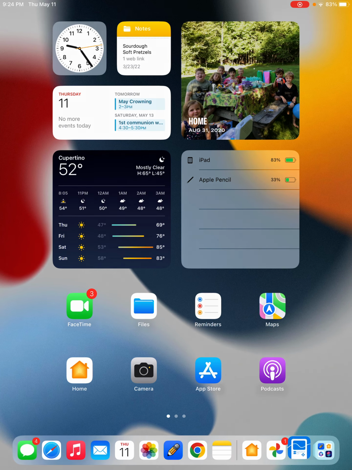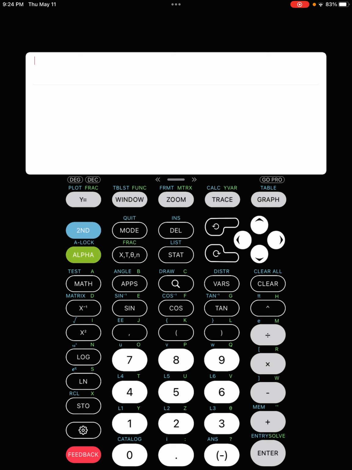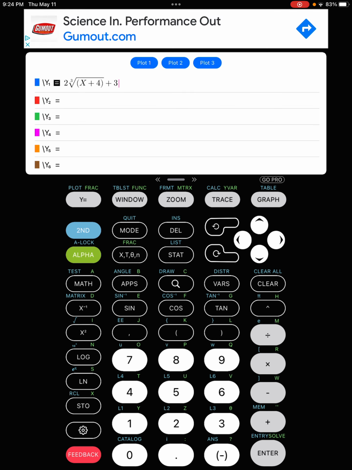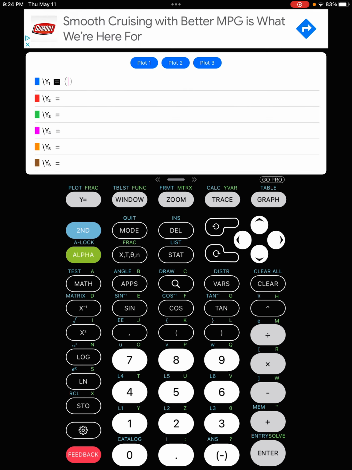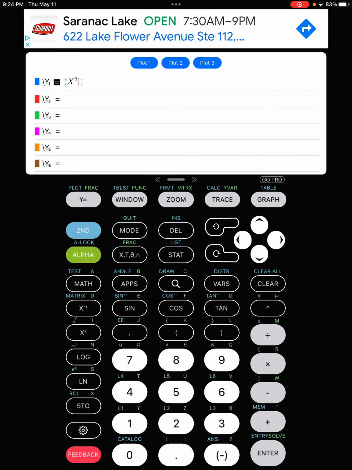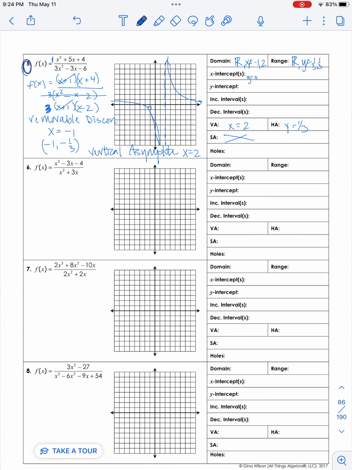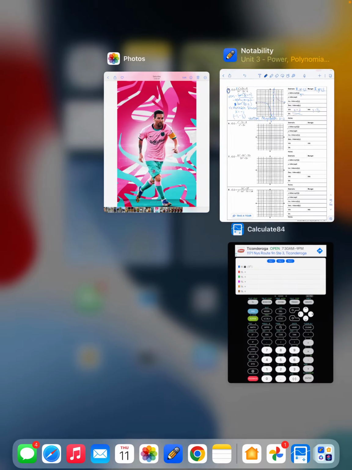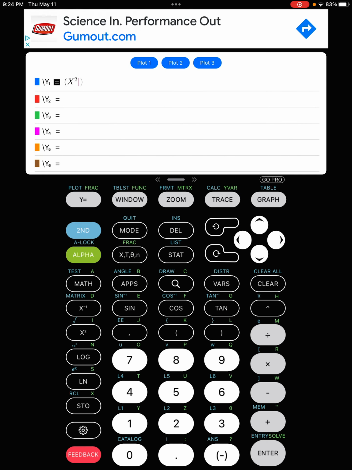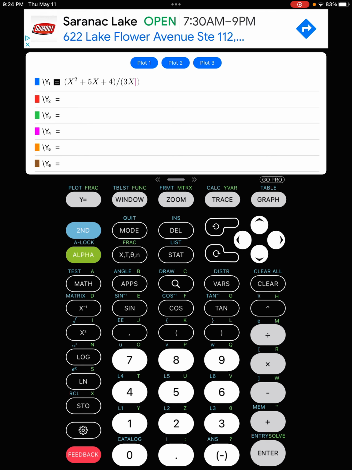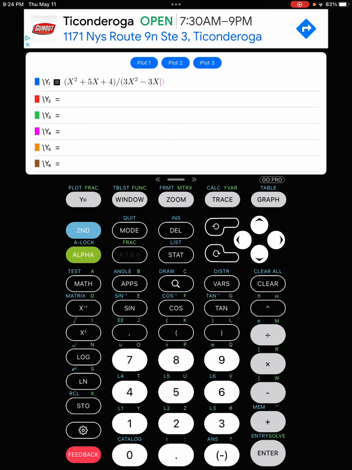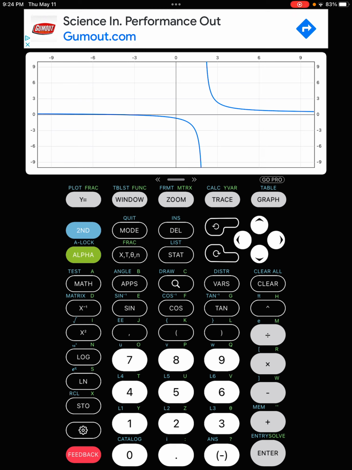We can do second calc, and y equals, we'll type in the equation, which is x squared plus 5x plus 4, parentheses, divided by parentheses, 3x squared minus 3x minus 6. And when we graph that, there it is.